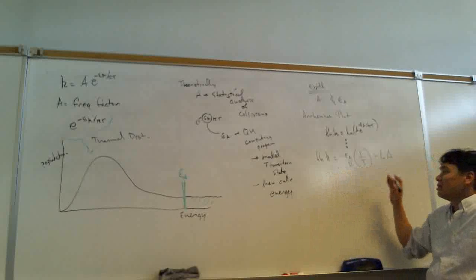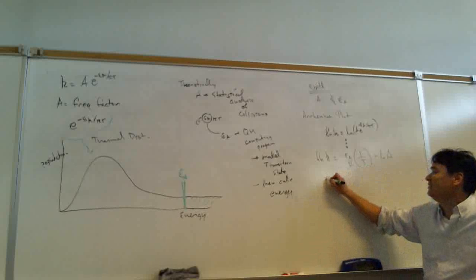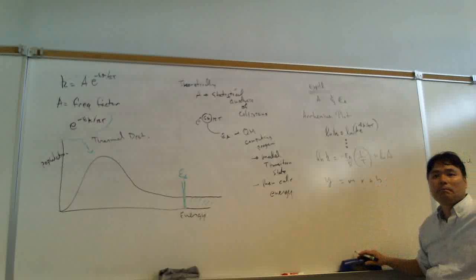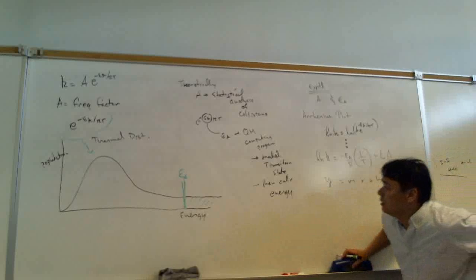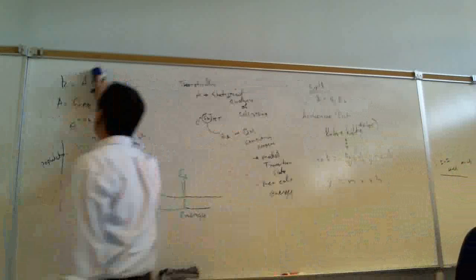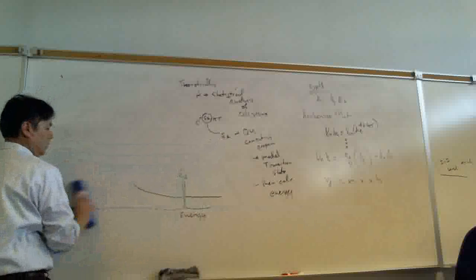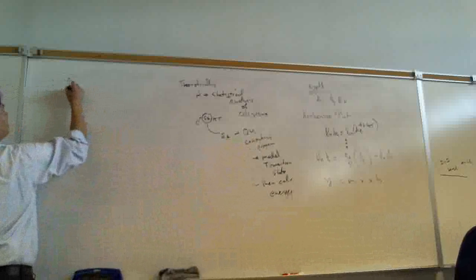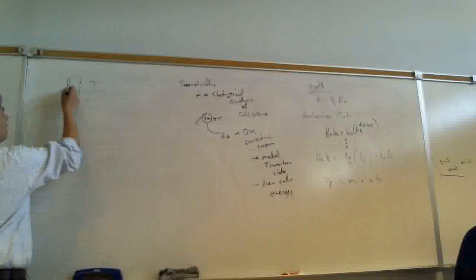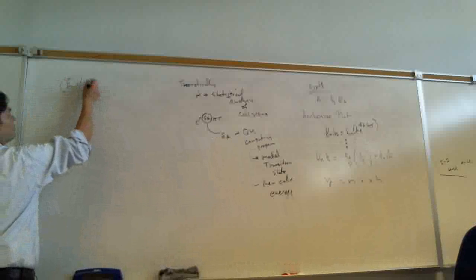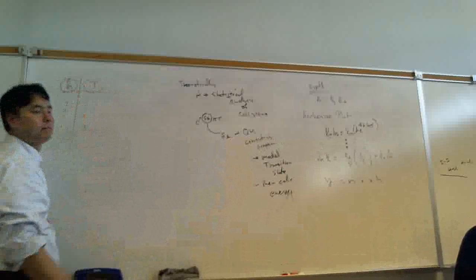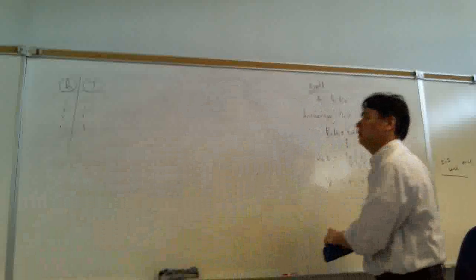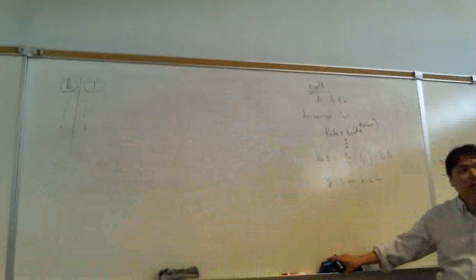When you look at this equation, what form does it have? It has the y equals mx plus b form. And so what would we plot here? We make a table. We measure the rate constant at different temperatures. Usually when you increase the temperature, K should increase as well.